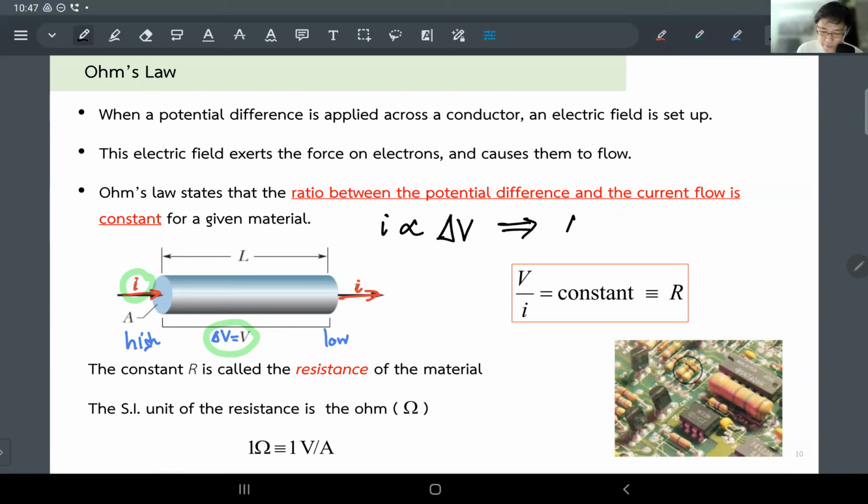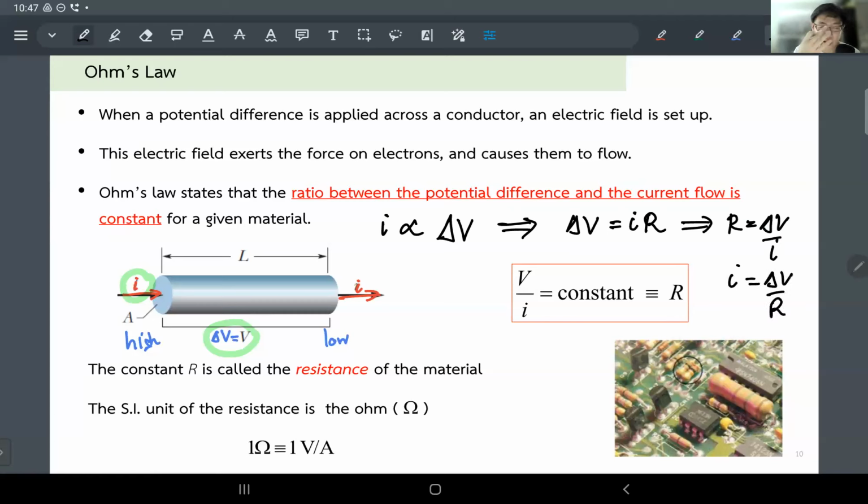So what you have over here is that the potential linearly depends on the current, and you introduce a constant to it. That constant R turns out, if you rearrange this one more time, R is delta V over I, or you can write I as delta V over R, up to you.